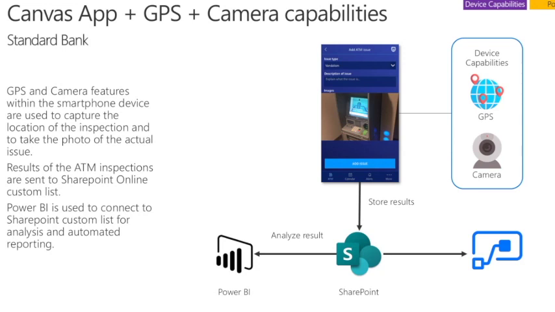There's a good chance that if you're building an app and you keep the scenario simple with a simple object model, you're fine building an app on top of this connector. Again, going for a Canvas app, a pixel perfect app, a good looking app with device capabilities, the only thing Standard Bank really needed to make sure of is that they keep their scenario and object model simple, and then they could be successful with this app.